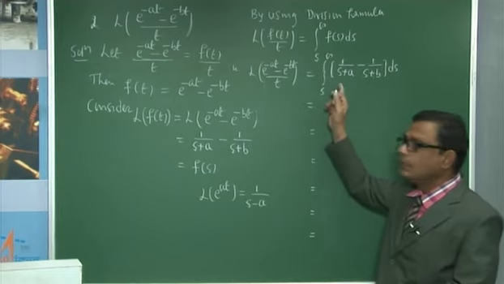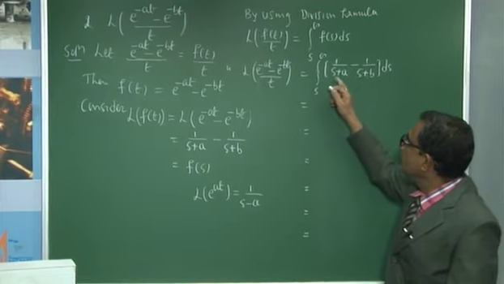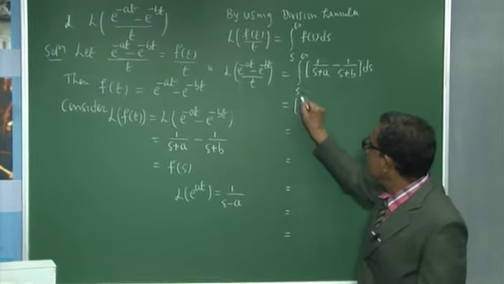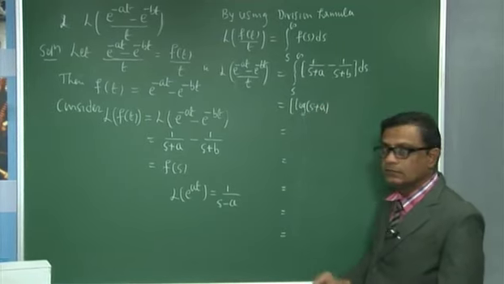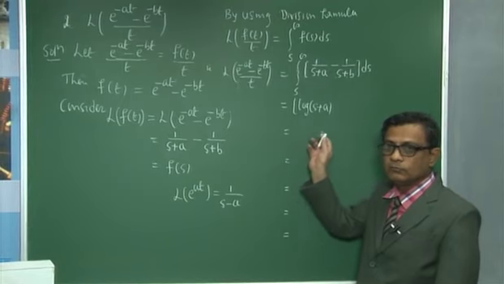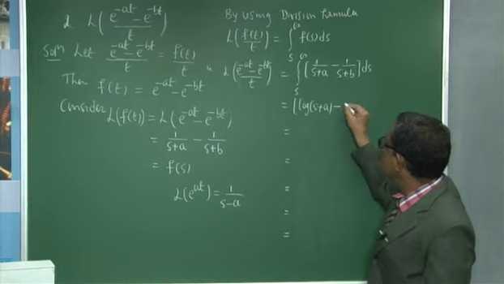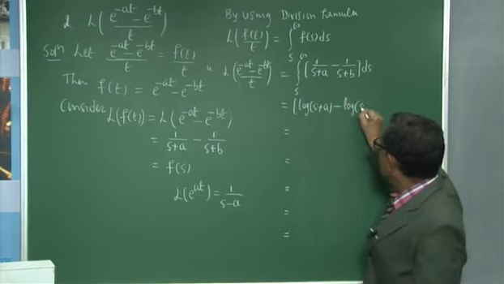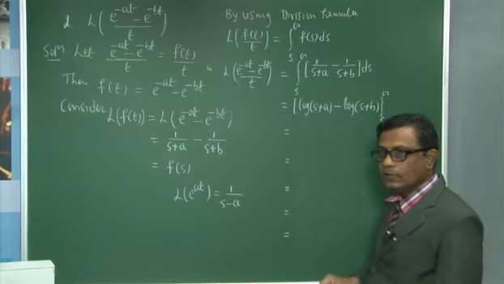Now integrate with respect to s. Now 1 divided by s plus a. What is this integration? It is log of s plus a. Then what about the second term? 1 divided by s plus b integration. It is, second term, minus log of s plus b from s to infinity.